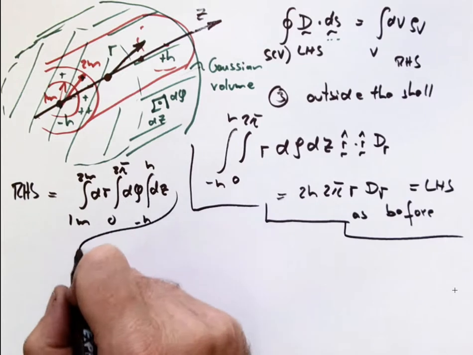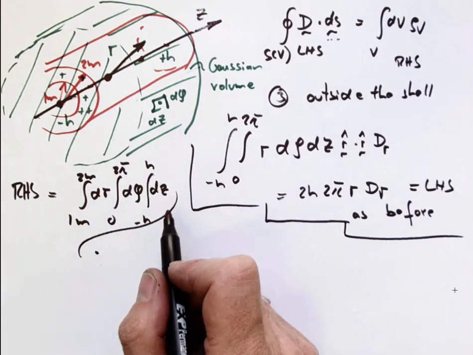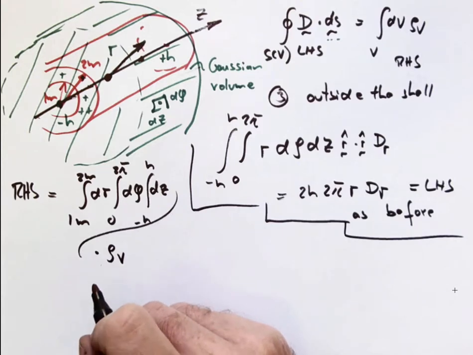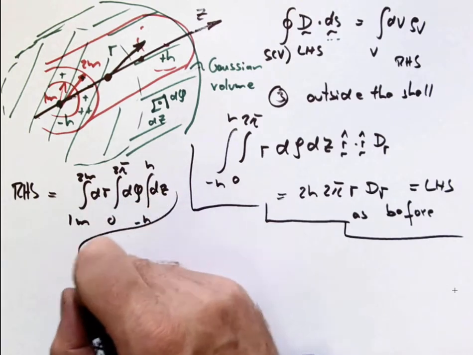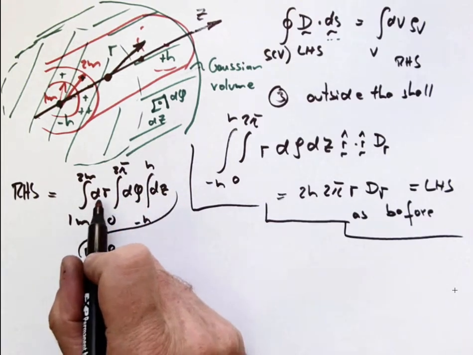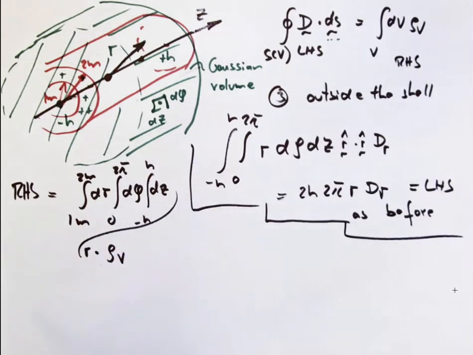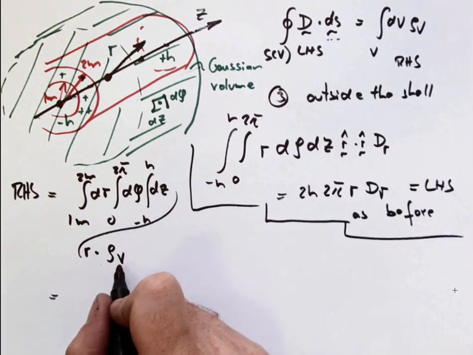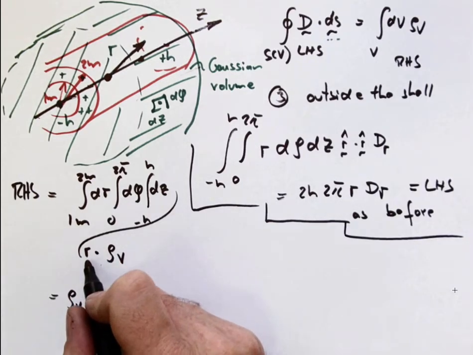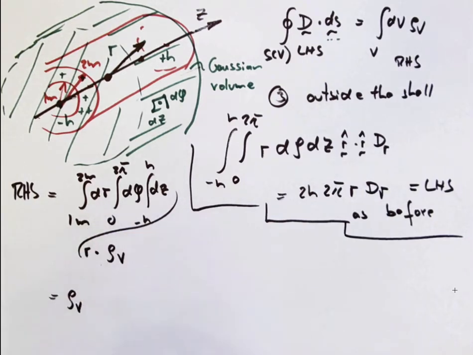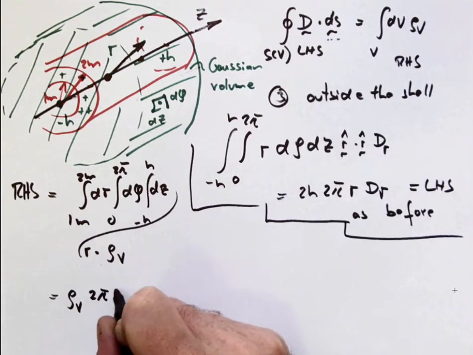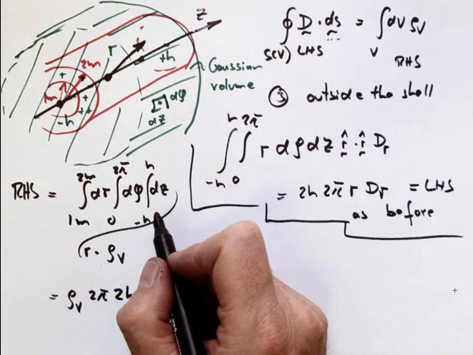We're integrating over the charge distribution, and we also have to consider a factor r that comes in through the fact that we have cylindrical coordinates. If we work this out, we can pull out the rho v. In this case we cannot pull out the r because we're integrating over r. The phi integration gives us 2 pi, and we get 2h from the z integration.